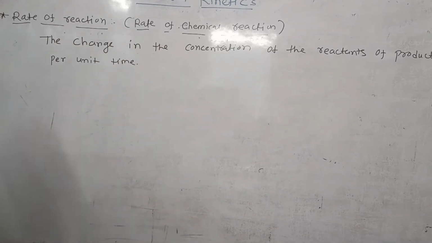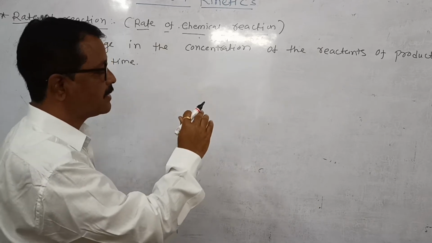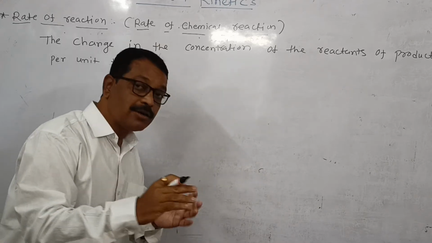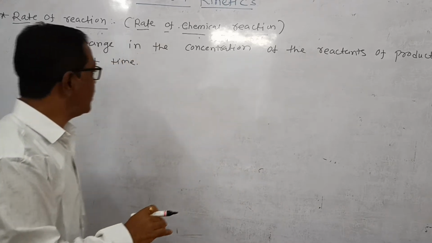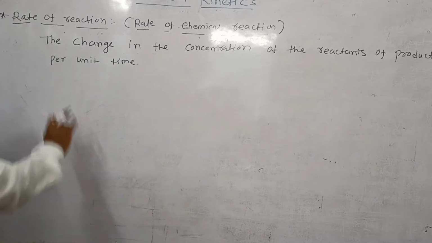Now, the definition of the rate of reaction: the change in the concentration of the reactant or product per unit time is known as the rate of reaction.